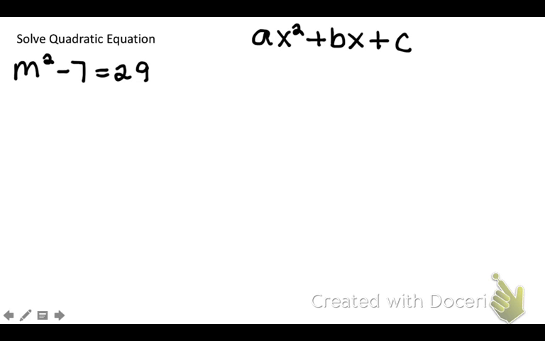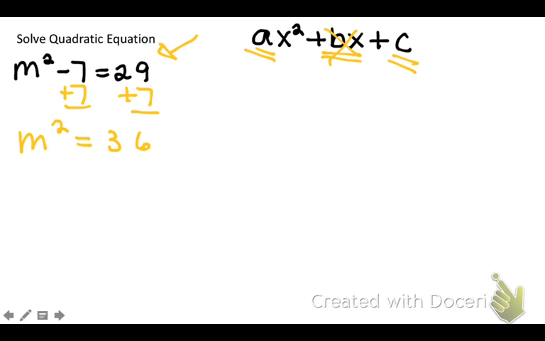Previously, we worked with quadratic equations and expressions that involved a b term, but you'll notice in today's lesson we only have the a and the c. There is no b. So if I add 7 to both sides, I end up with m squared equals 36. So then we're going to take the square root of both sides.